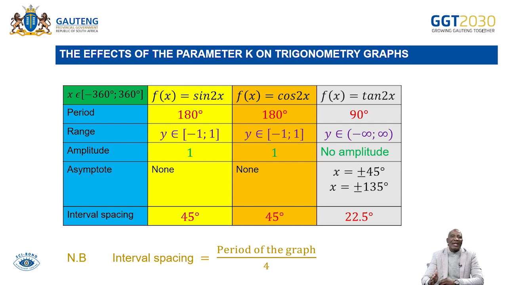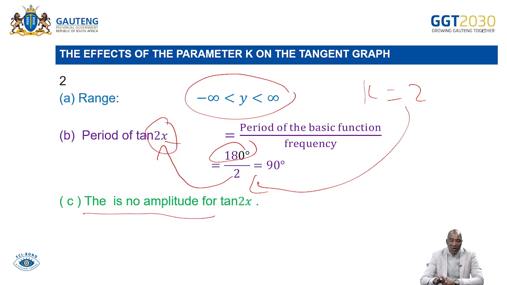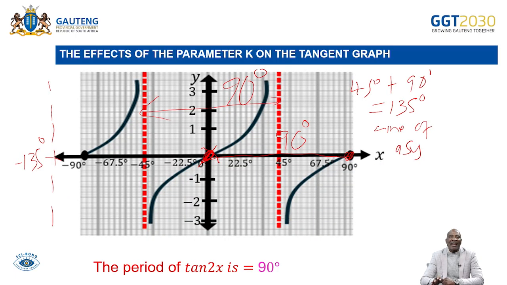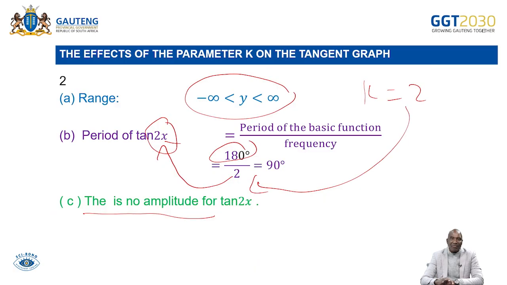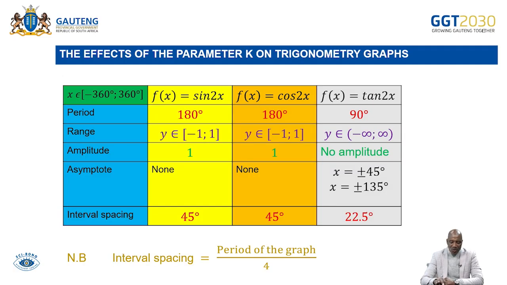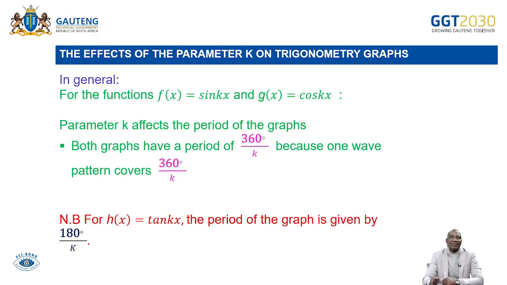So we are dividing 180 by 4, it comes to 45. We divide 90 by 4, we come to 22.5. Hence, we used 22.5 as we were drawing this new tangent graph after introducing the parameter k equals 2.